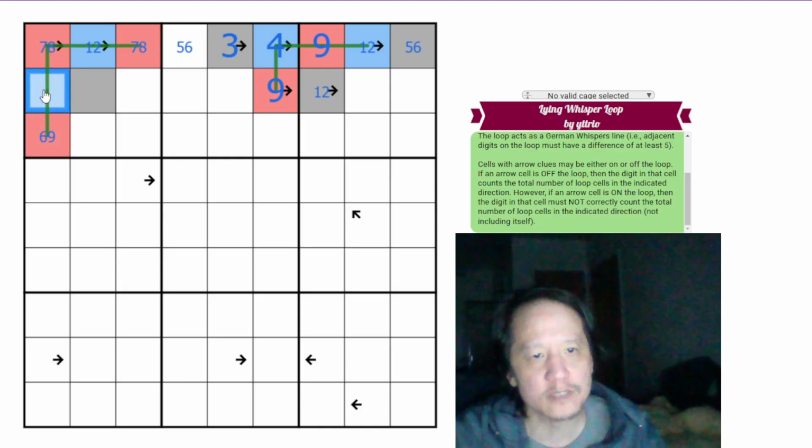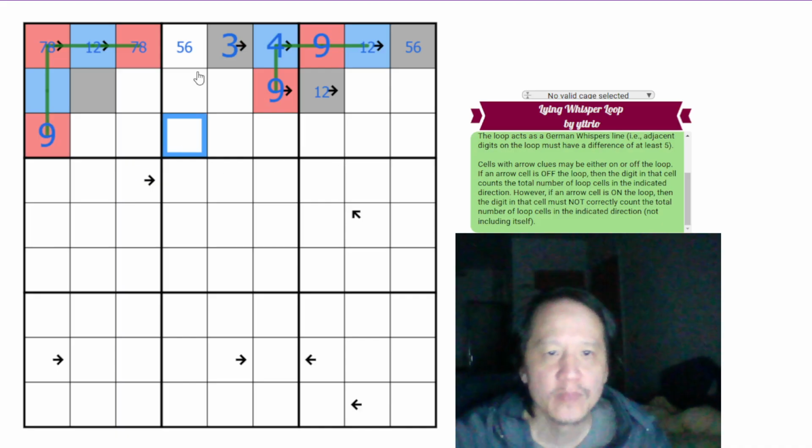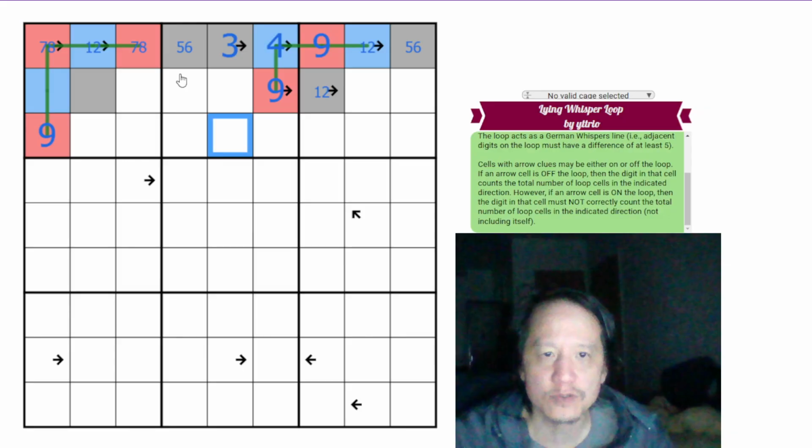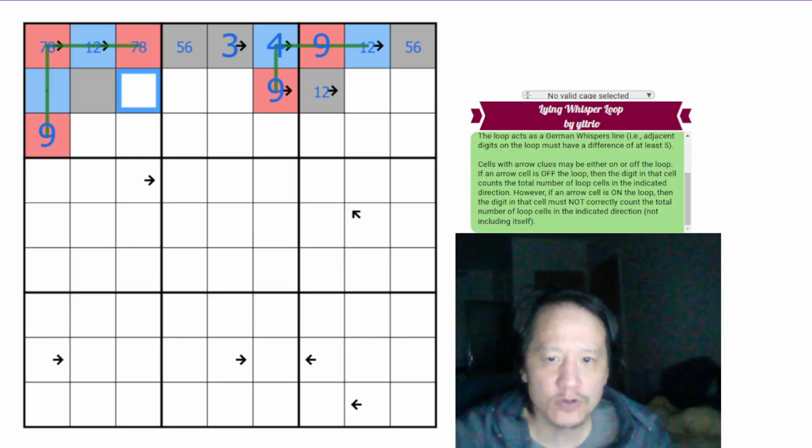It can't be 6 because it must see two unique digits on the German whisper line. So this is 9. This cannot connect to this anymore because it's not 5 away, so that's not on the German whisper line. So this is not valid. So it must go here, which means this cannot connect this way. So this has to go this way. So it has to go here and it has to go here.